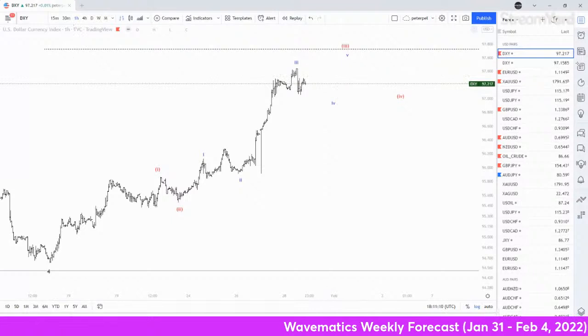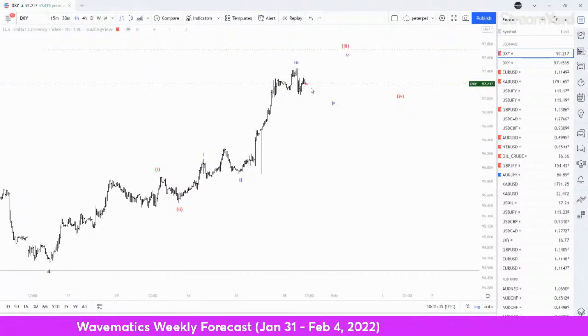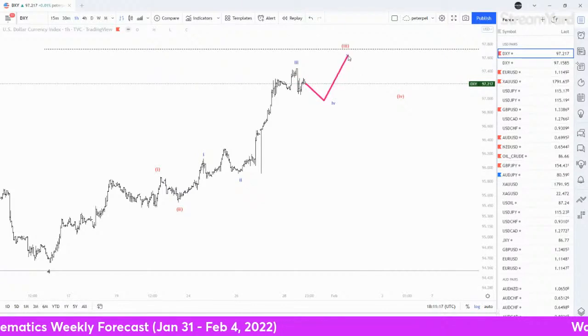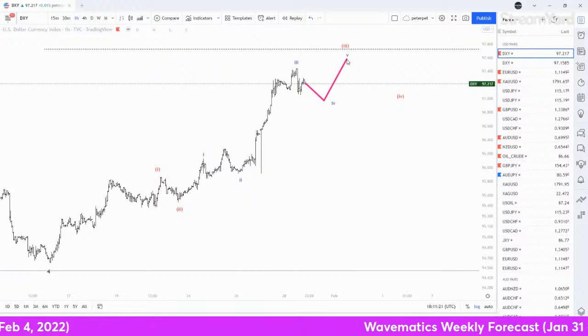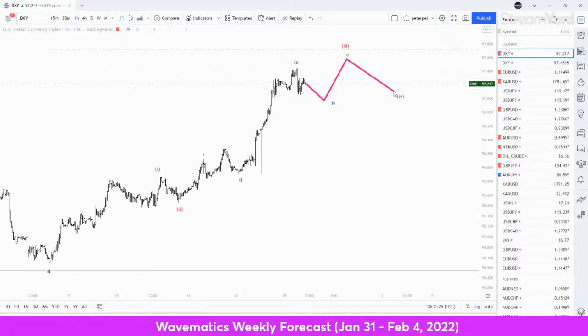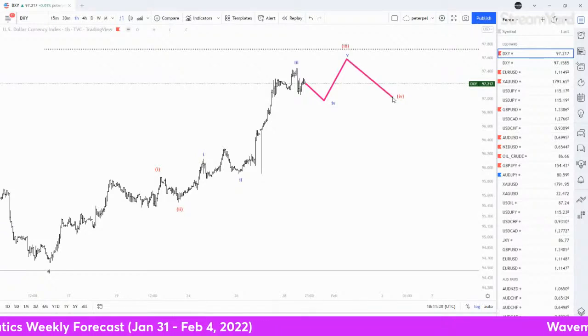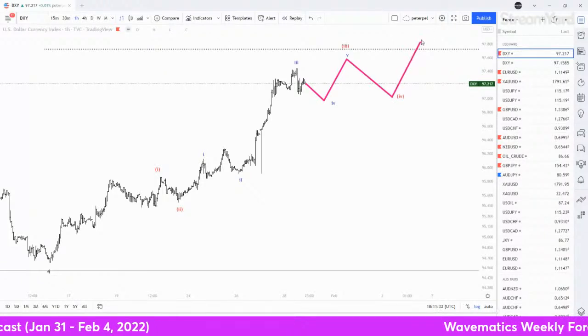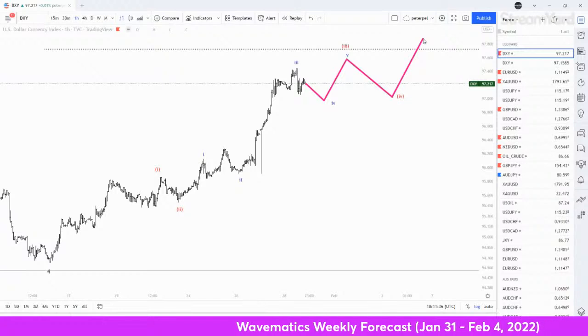In this particular pair, we are looking at a wave 4 down and a wave 5 to complete this five wave pattern for red wave 3, after which we will expect a correction for red wave 4, and a move to the upside into this fifth zone, to complete the cycle that we are looking at.